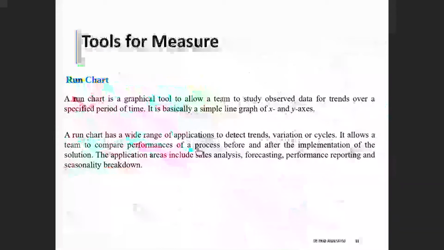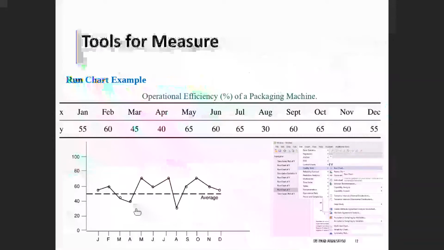The control chart mainly focuses on the stability of the process, and we will talk about it when we come to the control chart. But some people confuse the use of the run chart and the control chart. When we finish the control charts, we will end up with a summary for both of them.